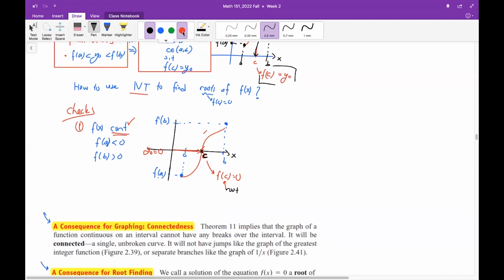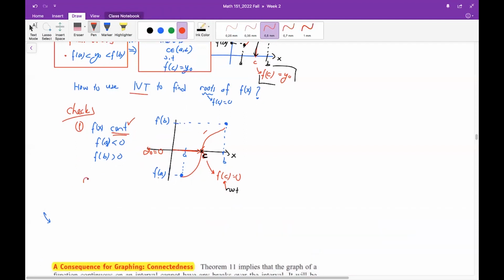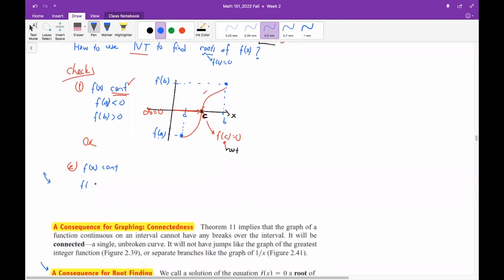Okay, there is another situation that may happen. Let me put an or here. We are still working with a continuous function. The or part is the following. The image of a may be positive, and the image of b may be negative. So just the reverse of these inequalities.